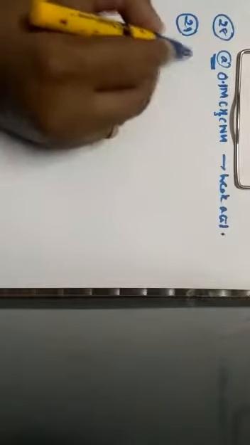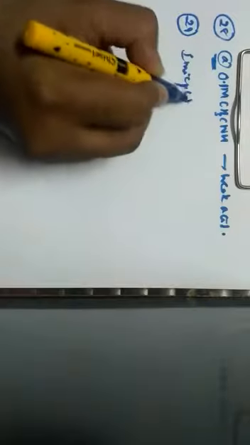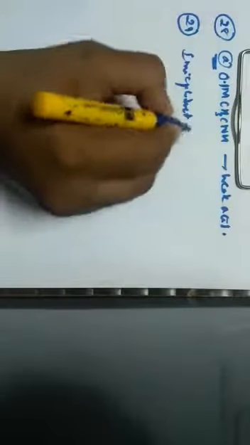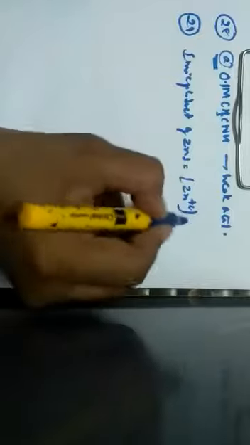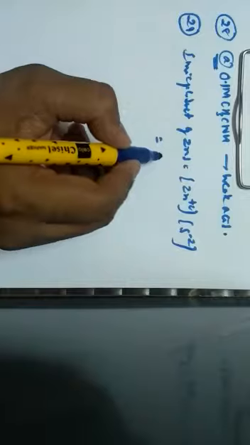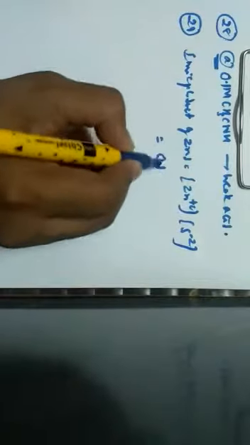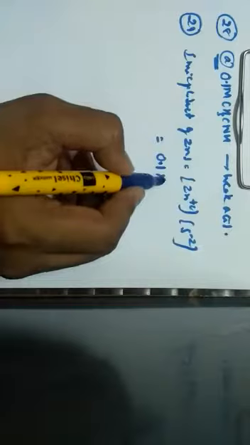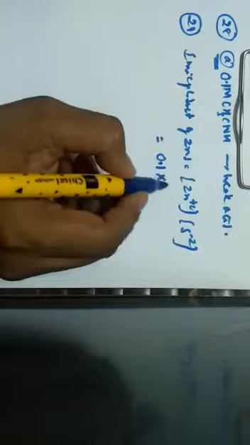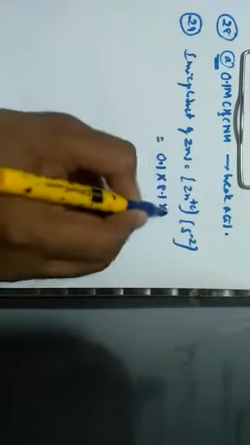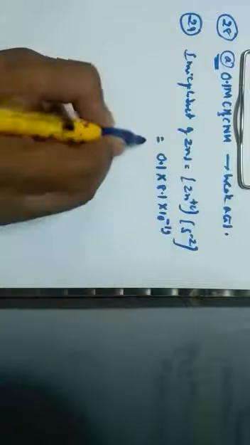First, let us calculate the ionic product of ZnS, which is the concentration of Zn plus 2 times the concentration of S minus 2. Here the concentration of Zn plus 2 is 0.1, and the sulfide ion concentration is 8.1 into 10 to the power of minus 19.